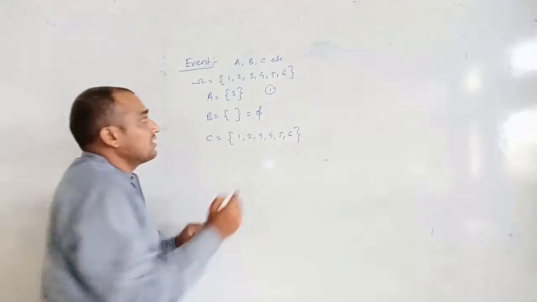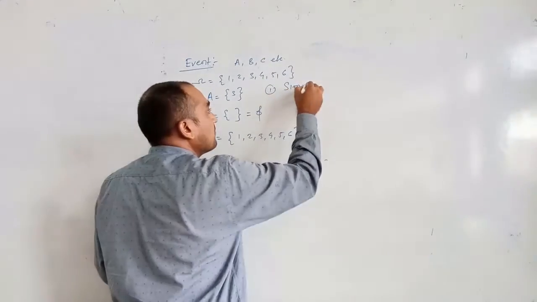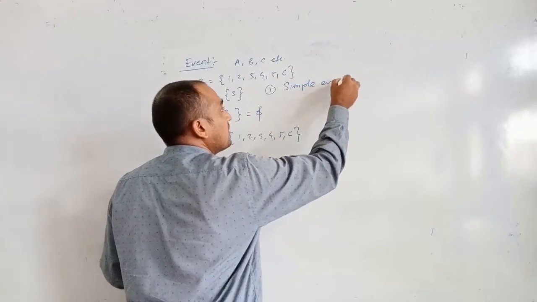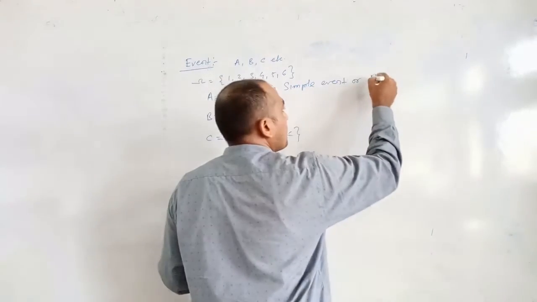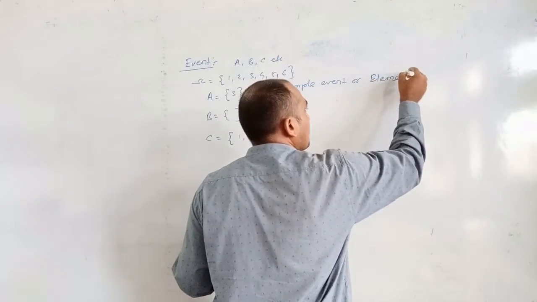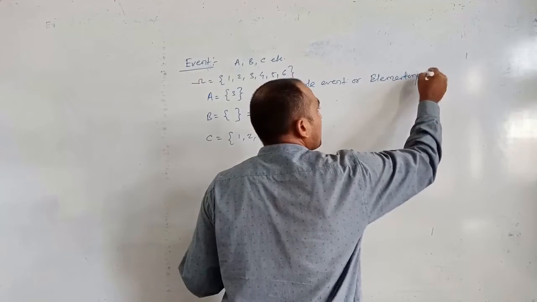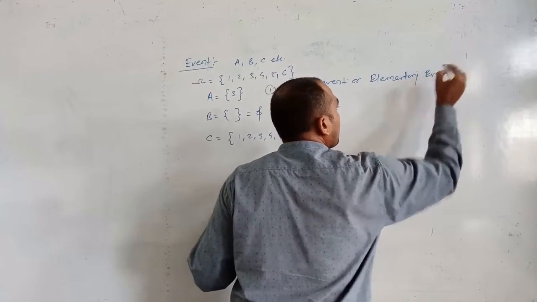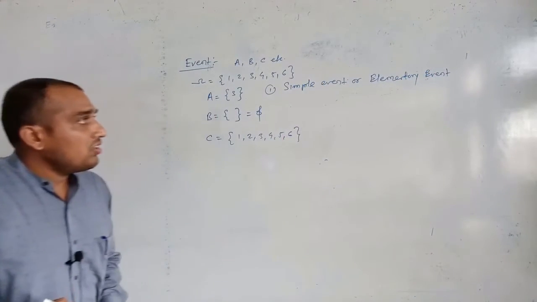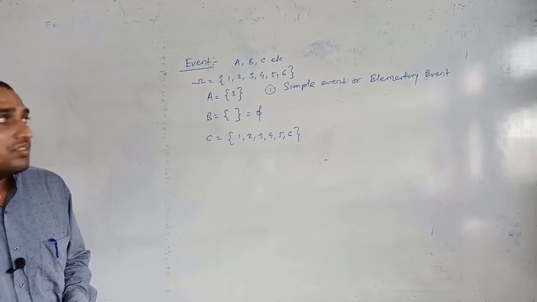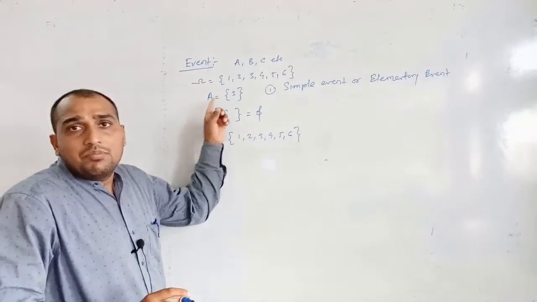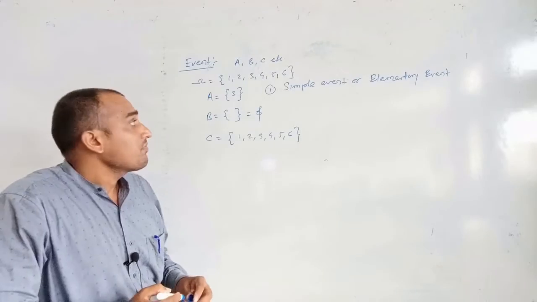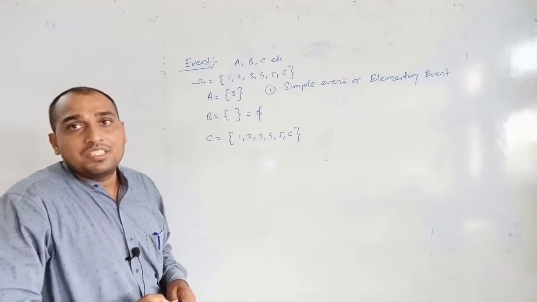The first type is simple event or elementary event. What is meant by simple event or elementary event? The event which contains only one element from the sample space is called a simple event or elementary event.